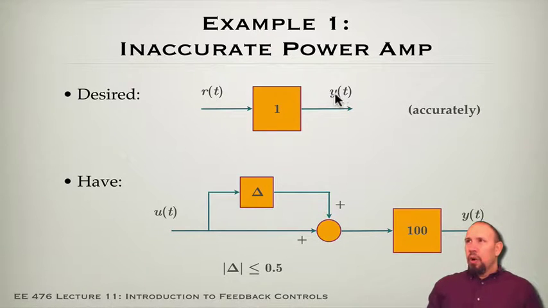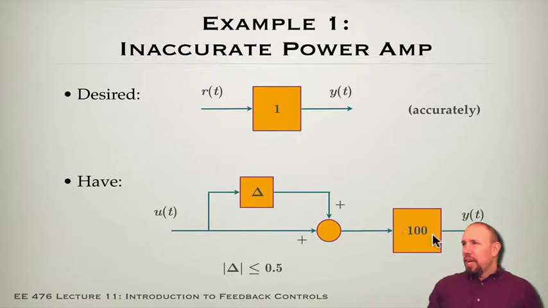Or the input could be, let's say, the throttle or a numeric entry, and the output is the speed of your vehicle, and there's just a one-to-one match.